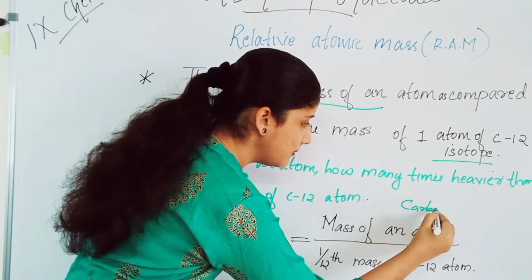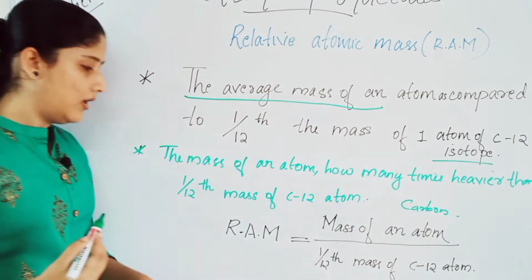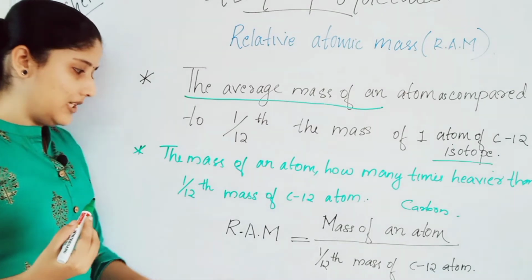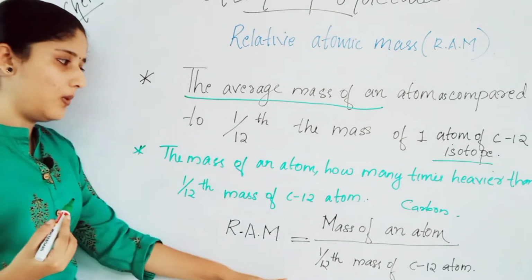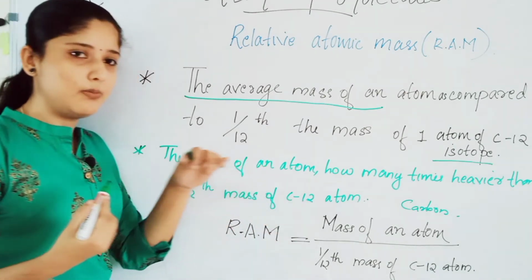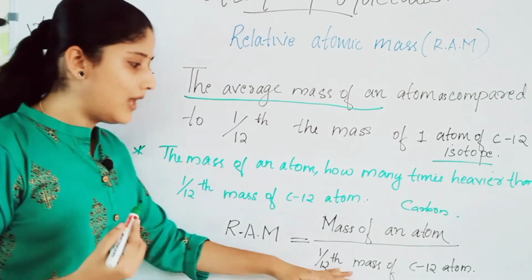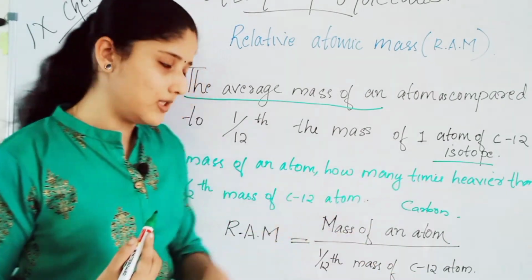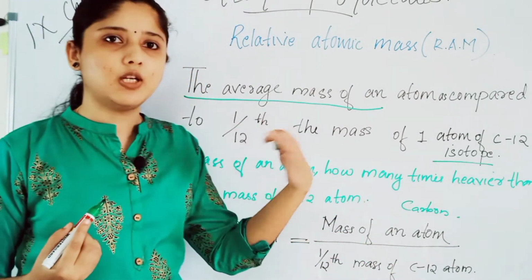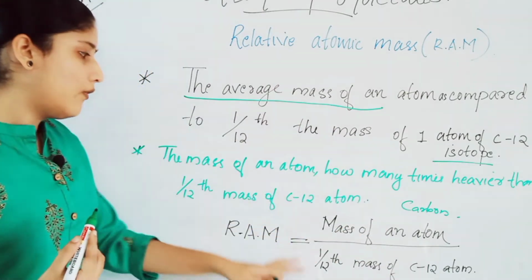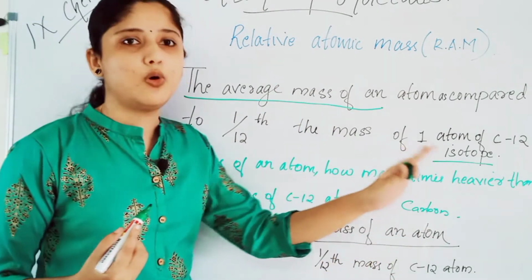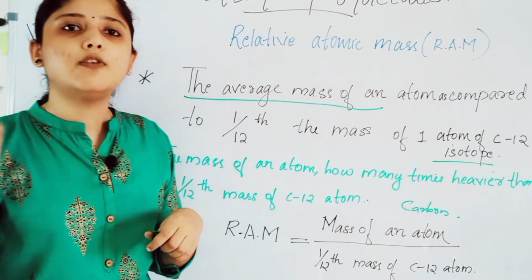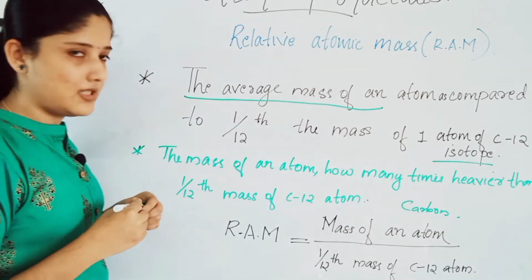So the equation is: relative atomic mass is equal to the mass of the atom divided by 1/12th mass of carbon-12 atom. The mass of the atom that we need to find divided by 1/12th mass of carbon-12 atom will be the relative atomic mass of that atom.